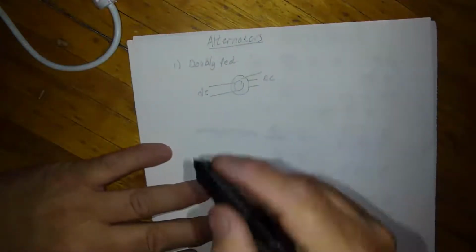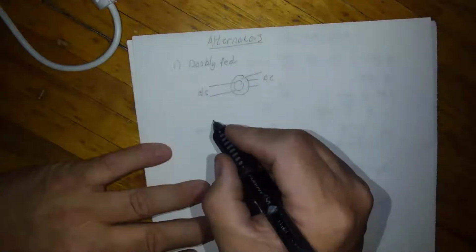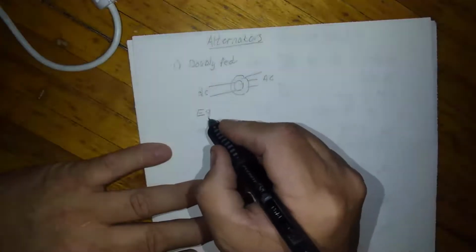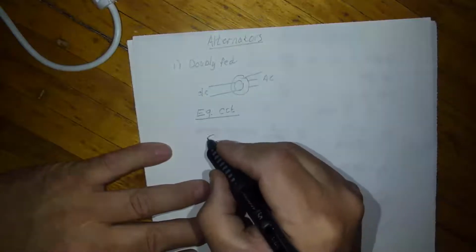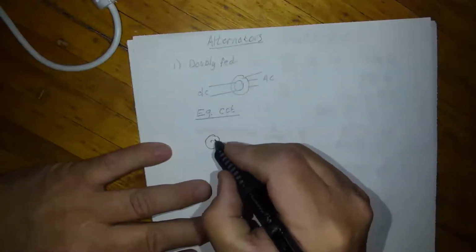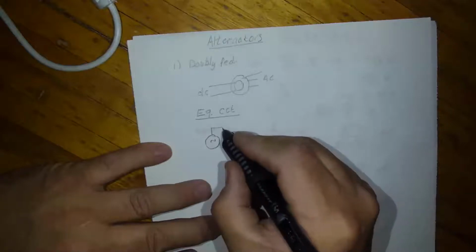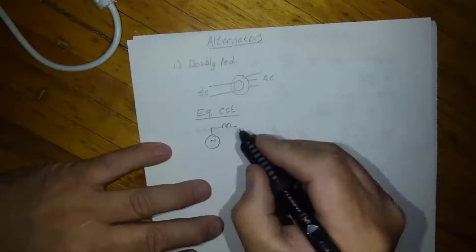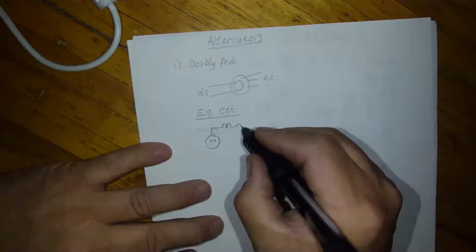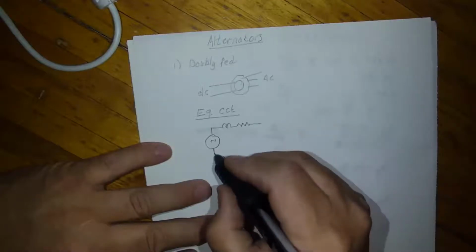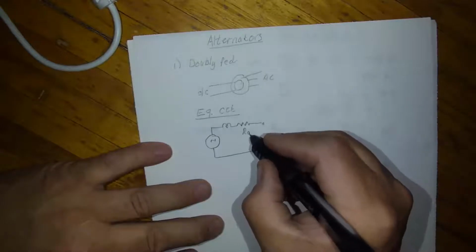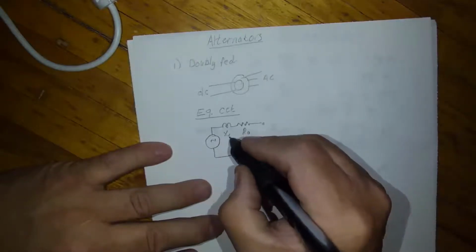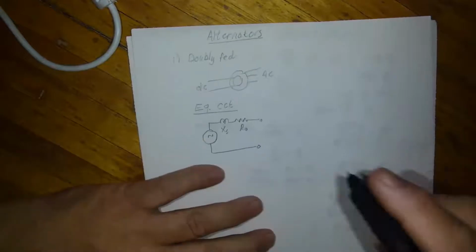And then if we look at the equivalent circuit, we have the induced EMF here. Then we have XS and RA, the armature resistance and synchronous reactance.